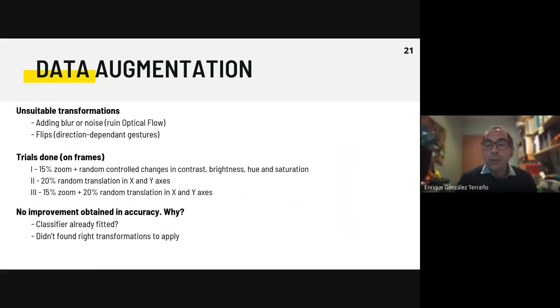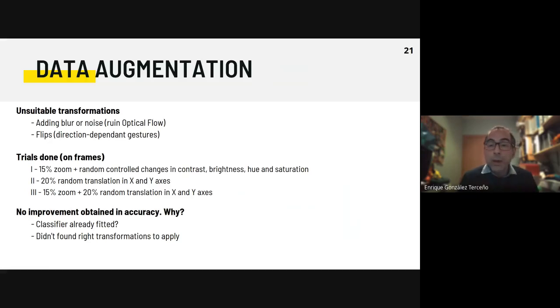In addition, it was somewhat complicated to find out which transformations we could apply, because some of them couldn't be used, such as adding blur or noise to the pictures, which would ruin optical flow because they created artificial movement, or flips, which would have changed some of our video labels.